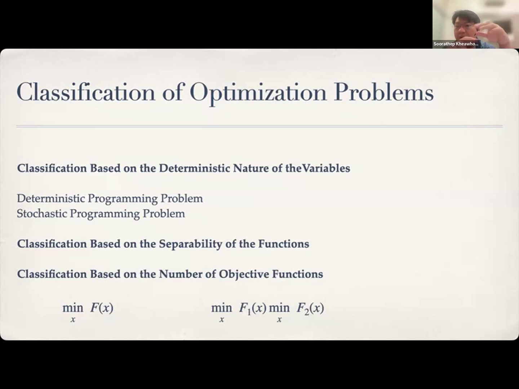In that case, if we know the probability distribution of the price, then we can apply it to the optimization problem, and we call that problem a stochastic programming problem.